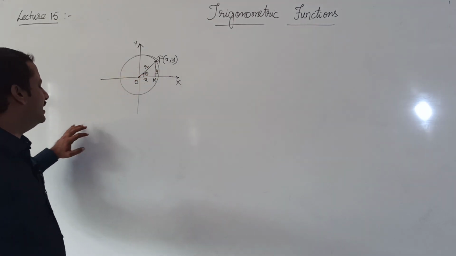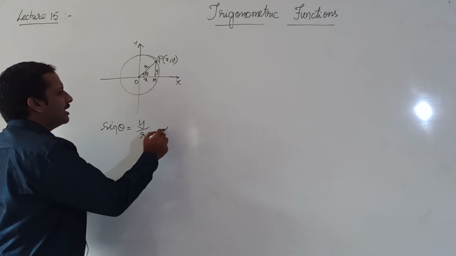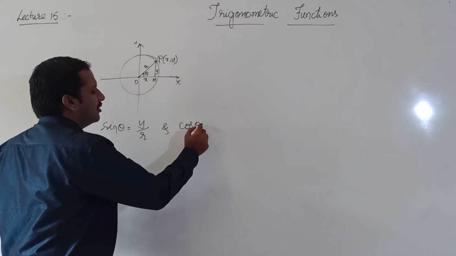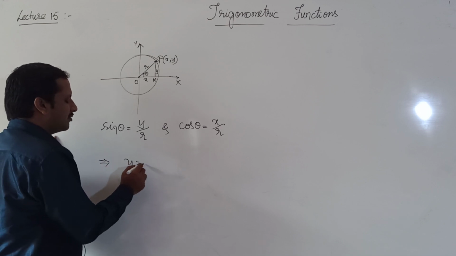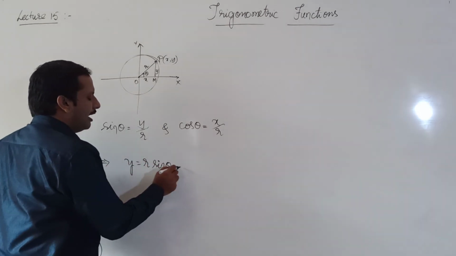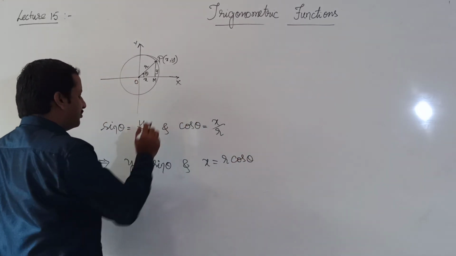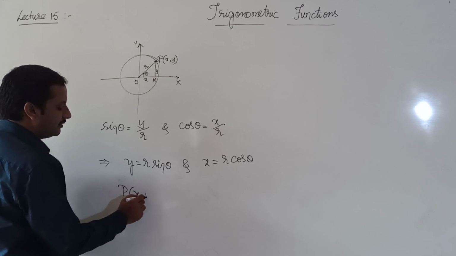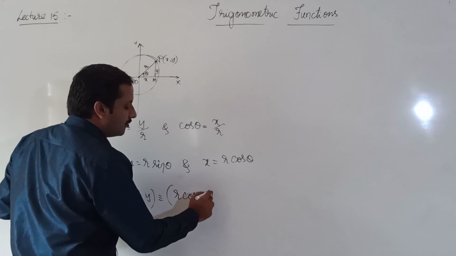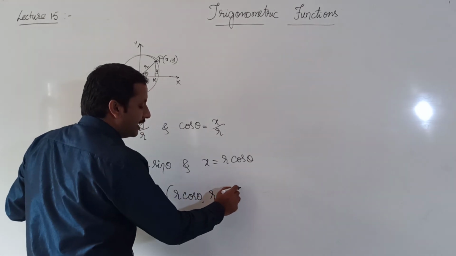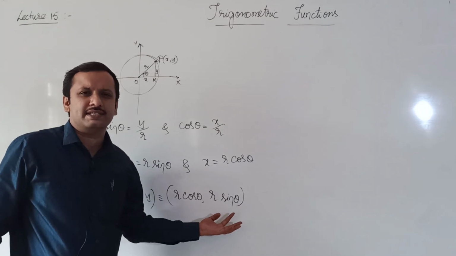From this right angle triangle, we can say that sin theta is equal to y by r and cos theta is equal to x by r, which implies y is equal to r sin theta and x is equal to r cos theta, or that point (x, y) can be written as (r cos theta, r sin theta). So, any point on that circle can be written in the form (r cos theta, r sin theta).